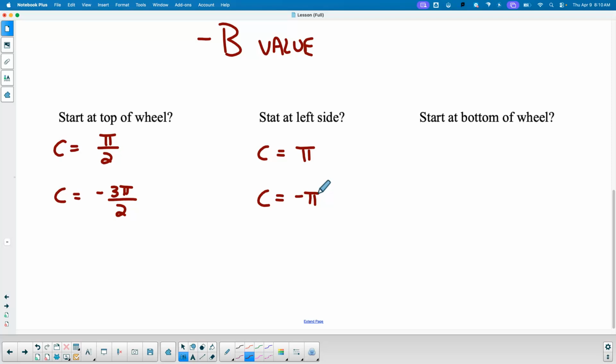If I'm at the bottom of the Ferris wheel, which is the most common, my c value would be positive 3 pi over 2, or my c value would be negative pi over 2. One of those two. Or if there's, like we were talking about, all those different cars loading at different ones.